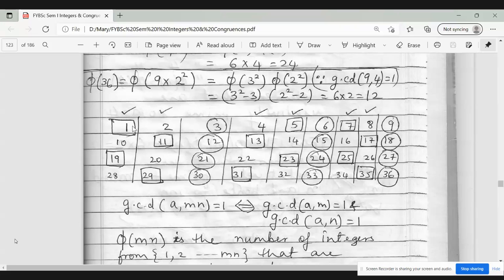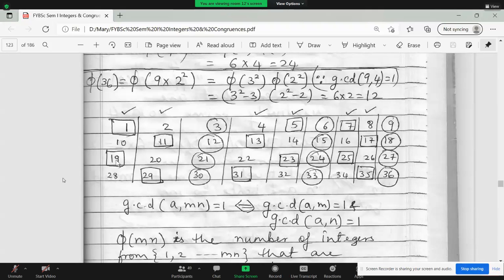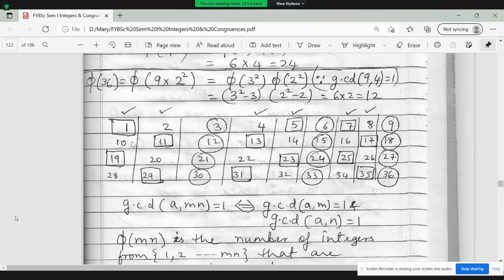So these numbers, the ones in the squares, their GCD with 4 is 1. And how many of them are there? So I got actually 2 here.